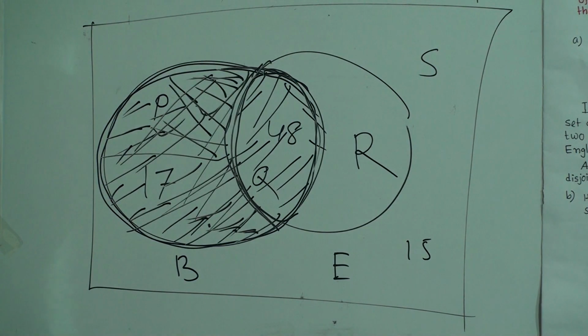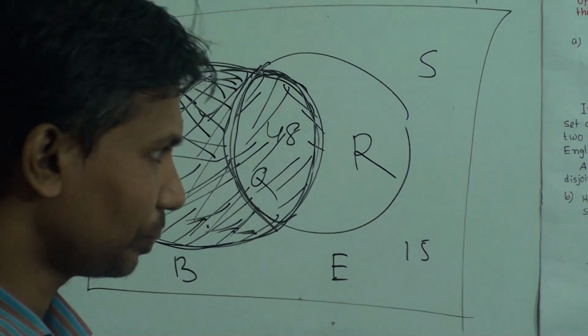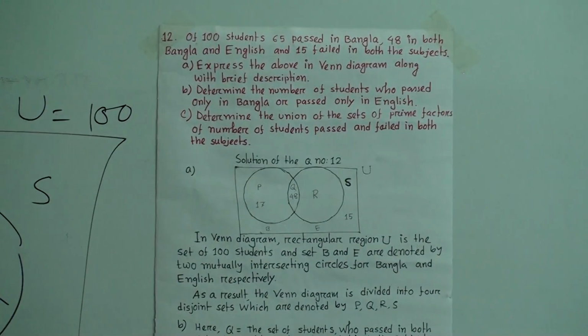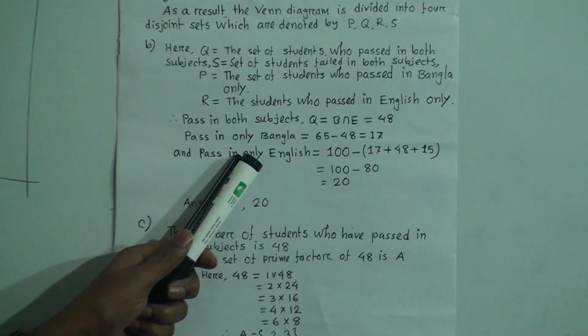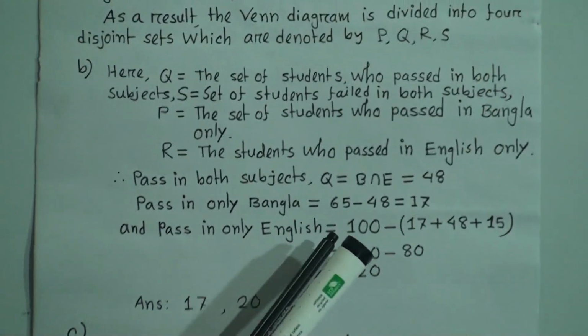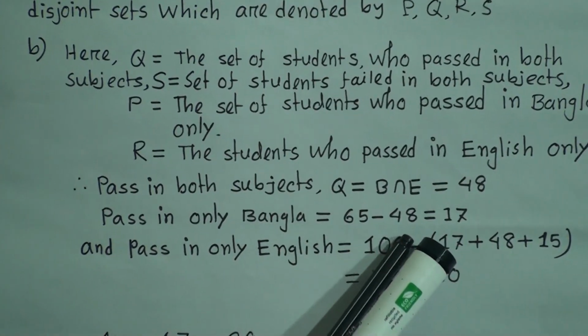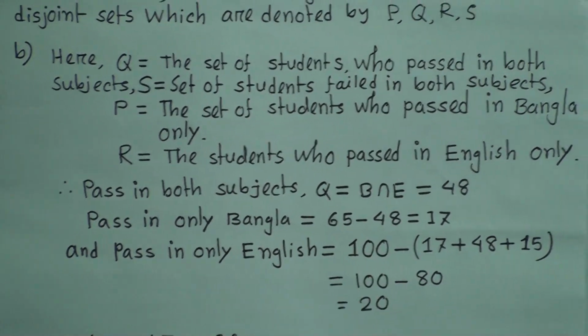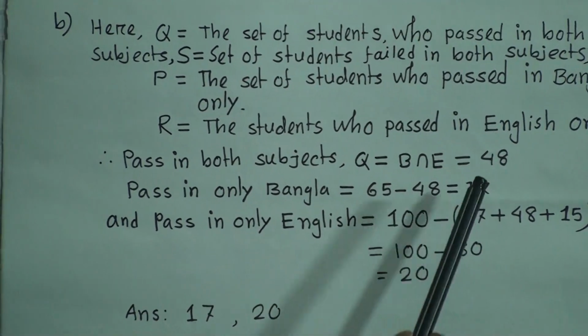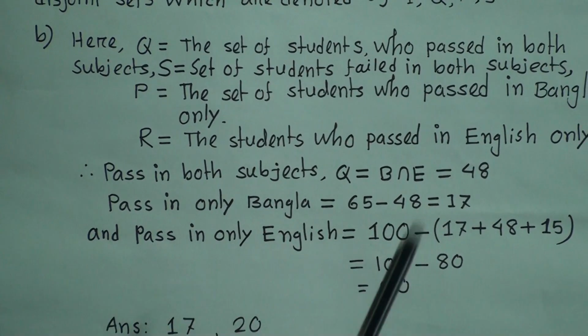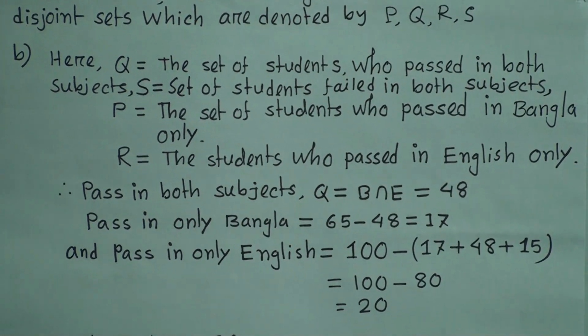That means you have 65 minus 48 equal to what? 17 students. Okay students, now see, pass in only Bangla equals 65 minus 48, which is 17 students. That means only pass in Bangla is 17 students.